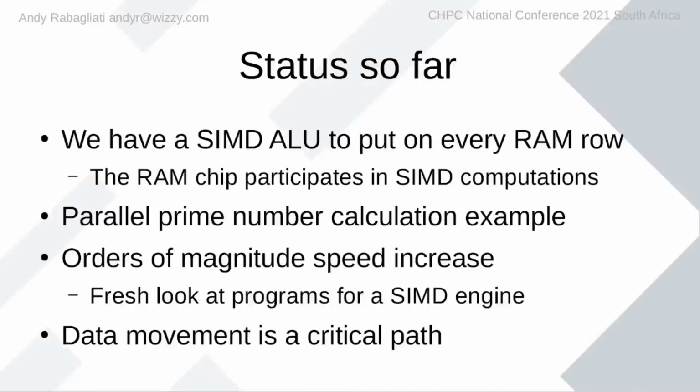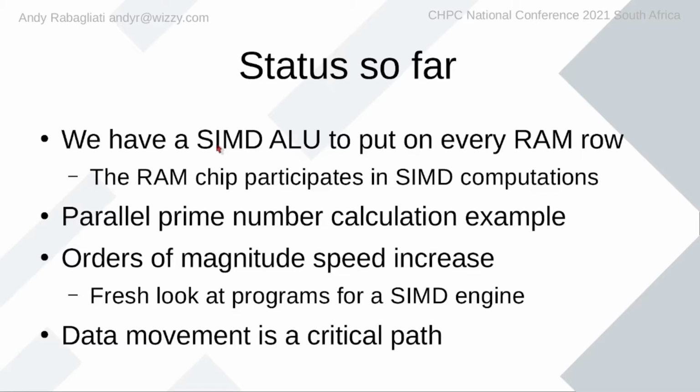What is the status so far? We have been able to demonstrate a SIMD ALU that we can put on every RAM row on our chips. We have seen it execute a moderately complicated algorithm to calculate prime numbers, and we have an orders of magnitude speed increase possible on highly parallel algorithms.